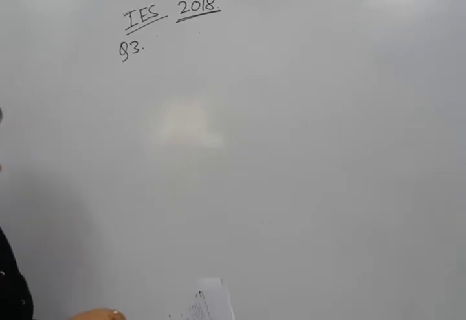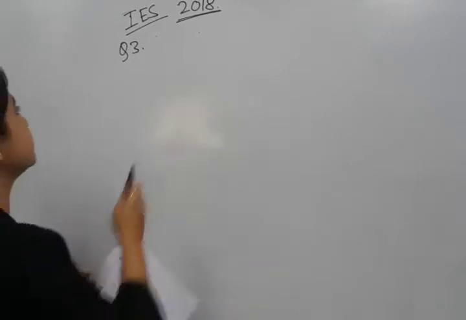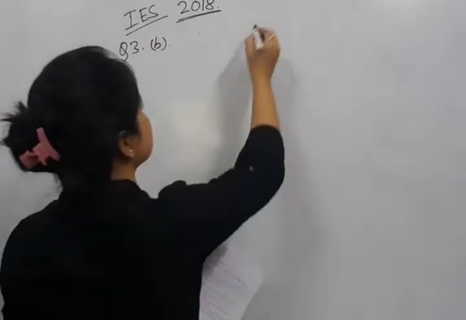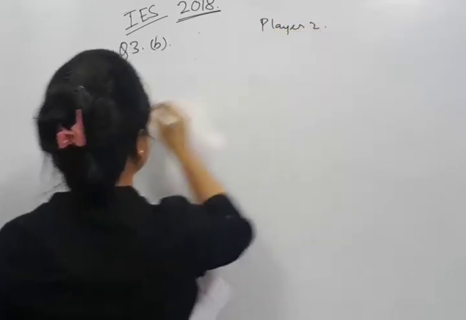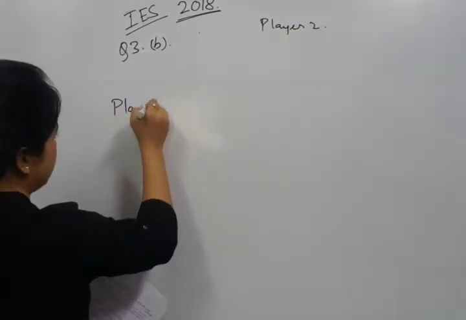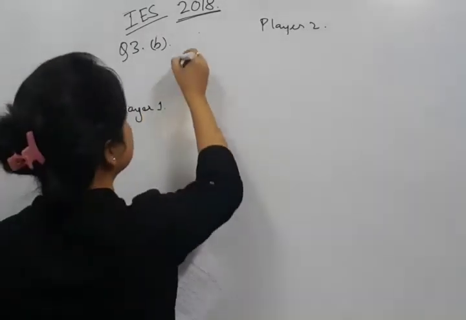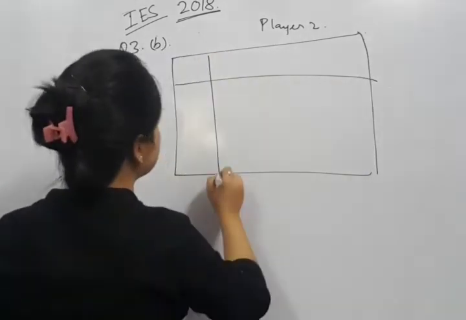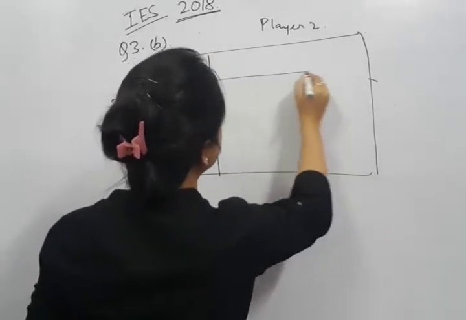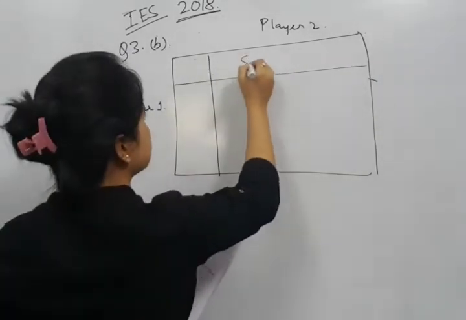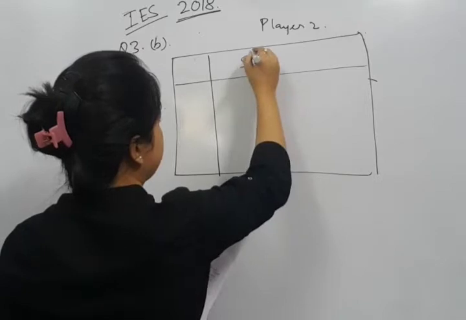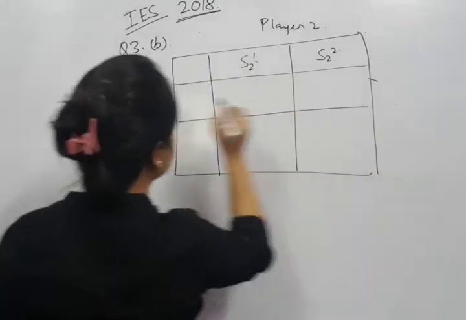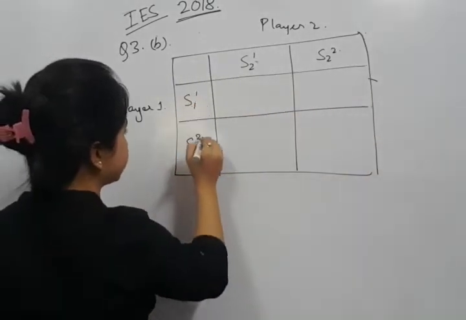Okay, so in 3 part B they have provided us with a game. So this is player 2, player 1, and this is S21, S22, S11 and S12.